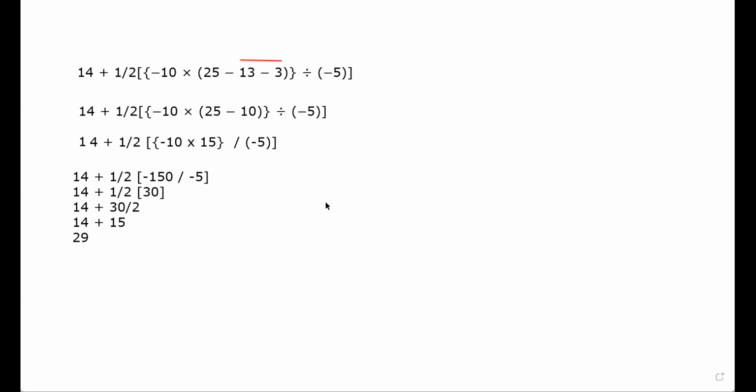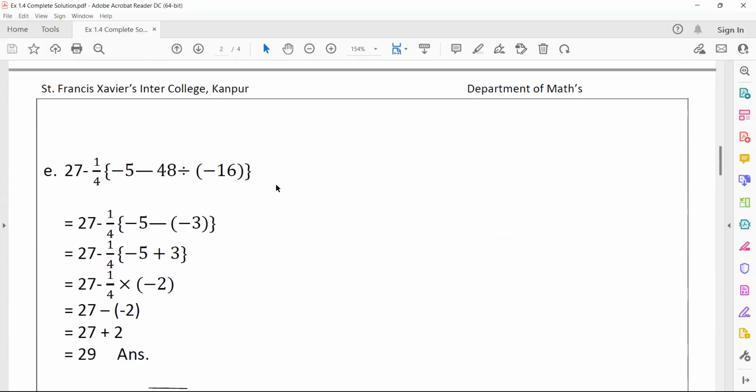And you can see that the next question is also based on the same thing. The question is asking 27 minus 1/4 minus 5 minus 48 divided by minus 16. Just pause the video and try to solve this question on your own. Don't look at the solution, just try to solve the question by yourself.